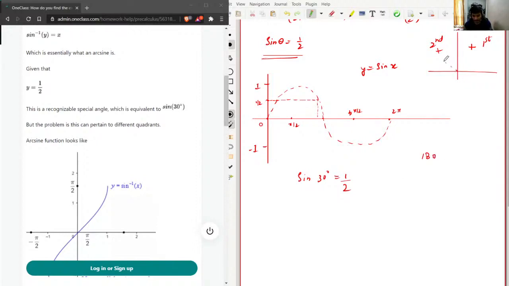Basically it is going to be this line. This angle is going to be 30 degrees, and this will be 180 minus 30, so I guess this angle will be 150 degrees.